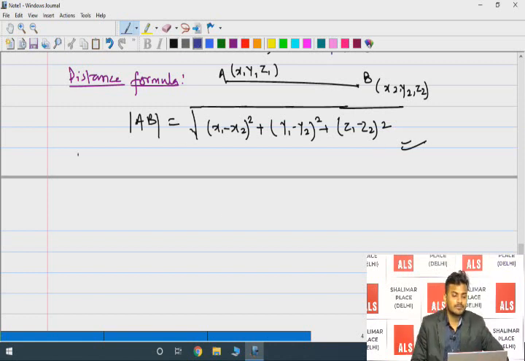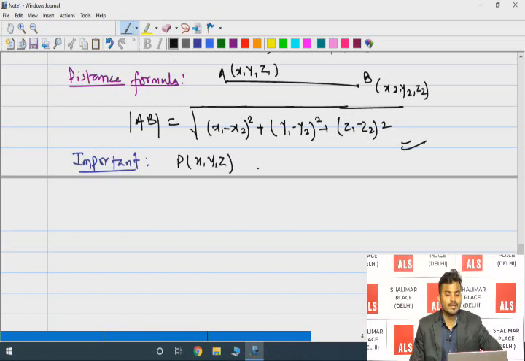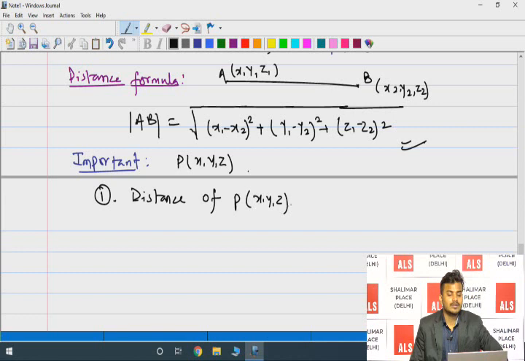Now, the most important thing I would say in this whole chapter. First, if P is any point x comma y comma z, the distance of P from the origin.